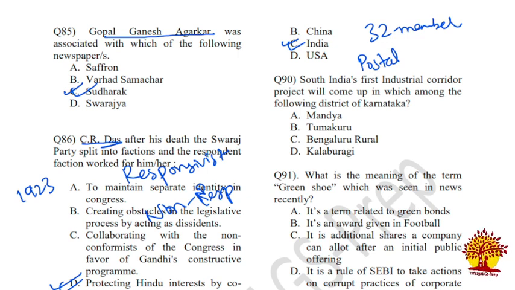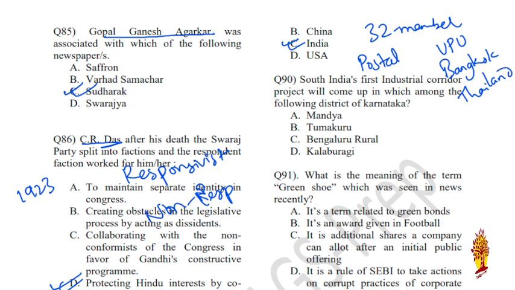The specialized agency of the UN for the postal department is the Universal Postal Union, and the headquarters of the Universal Postal Union is in Bangkok, Thailand.